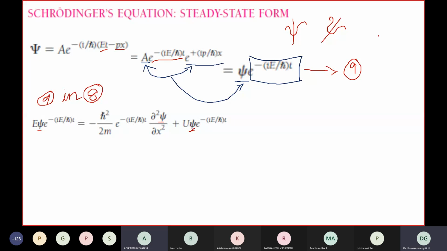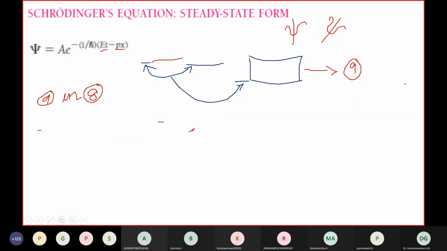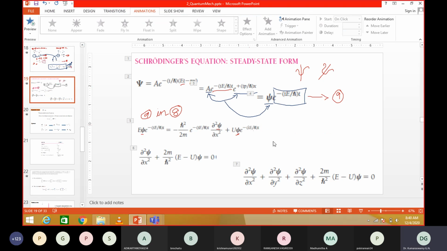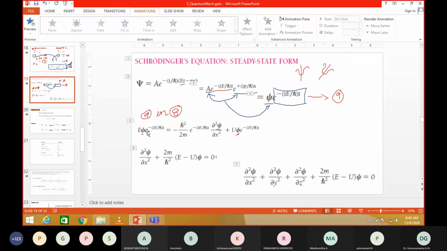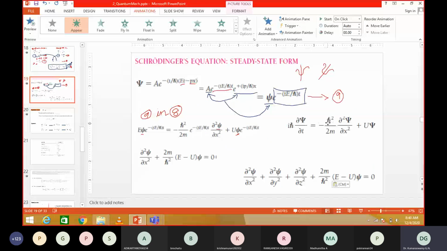Sir, how will we get that if we substitute? You will get it. Simple. Wait, I'll show you. Where is the last equation? You get it. Control C. See here.